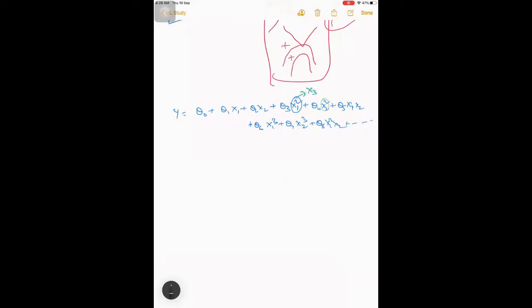Similarly, x2 square we treat as x4, this one as x5, x6, x7, x8. Now after doing it like this, what will be our y? Treat these as new variables. So we again get something like this, and this is again the same as what we had before.